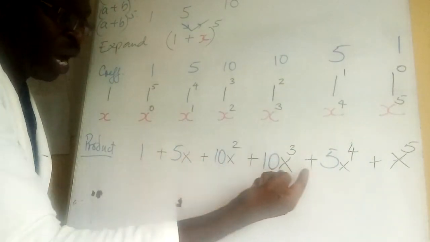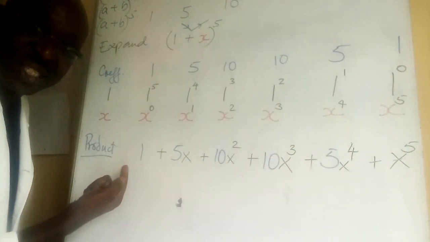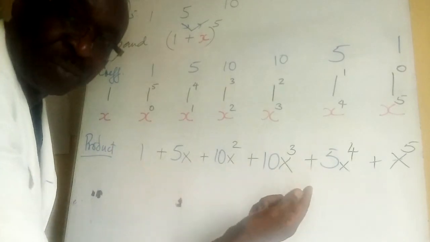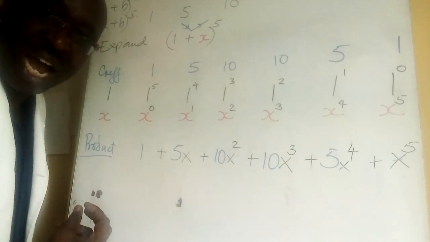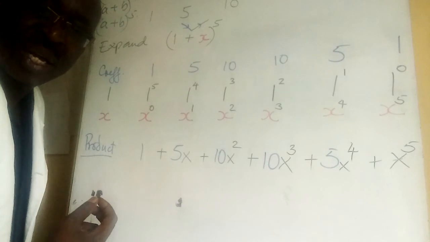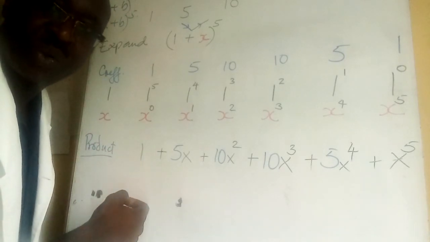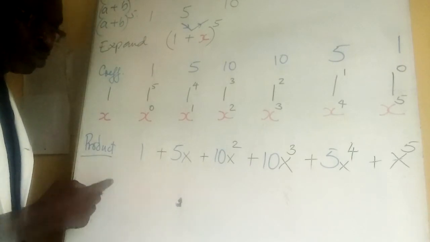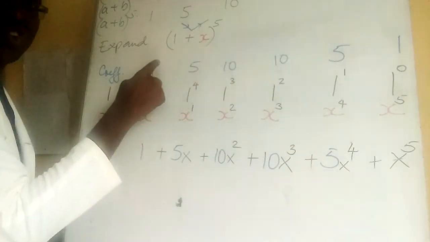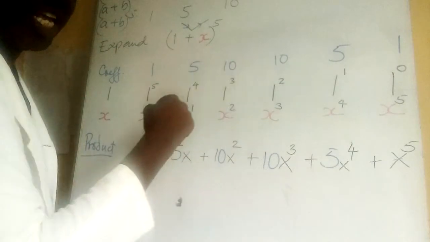When you are getting the final products, the sum of the products, where you have an even power, you will have positive. Where it is odd, it will be negative. So it is important to know what I'm doing here.